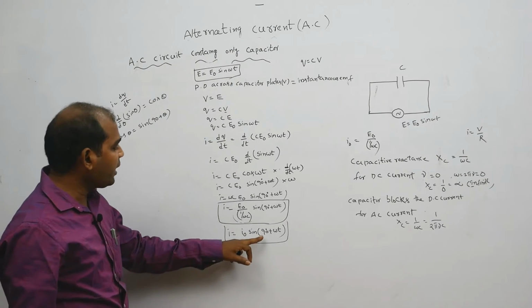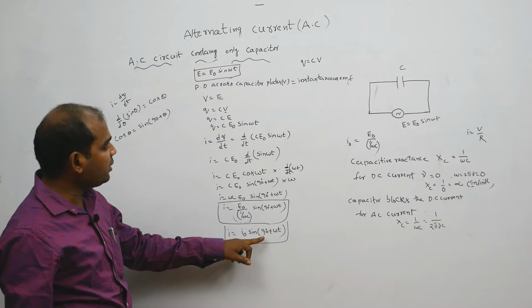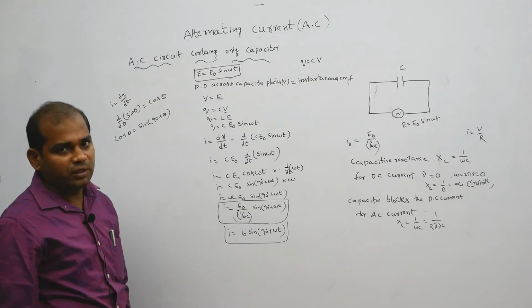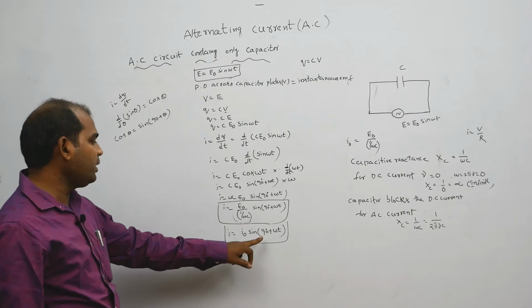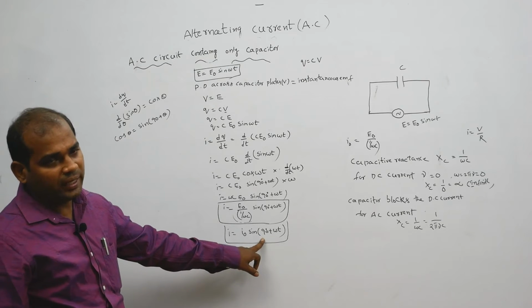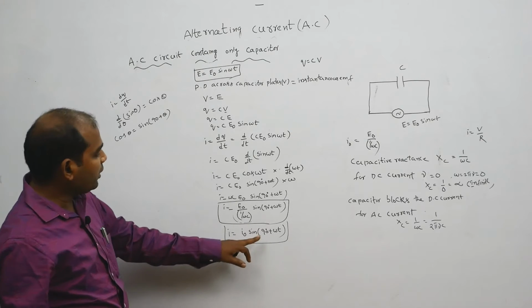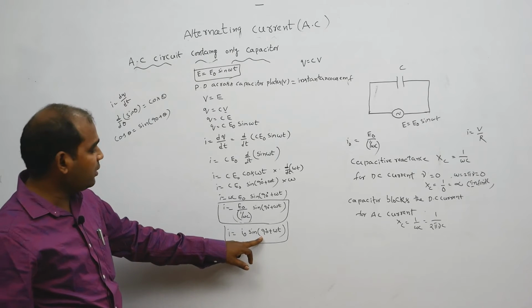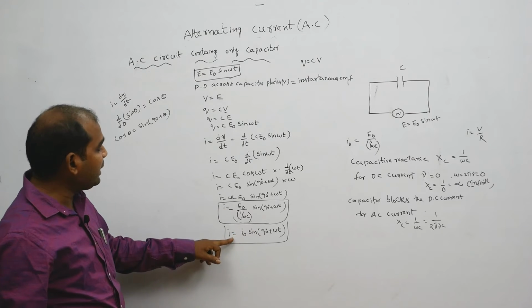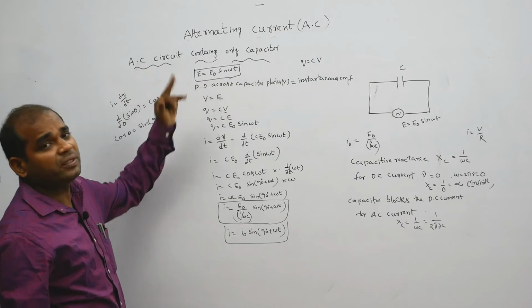So the 90 degrees phase difference exists. Which one is ahead? The current is ahead of the EMF. That means the EMF is lagging.